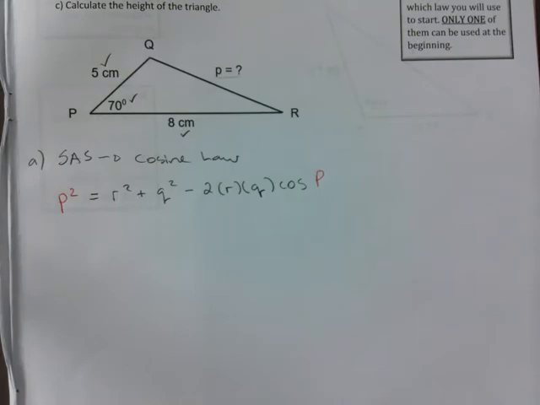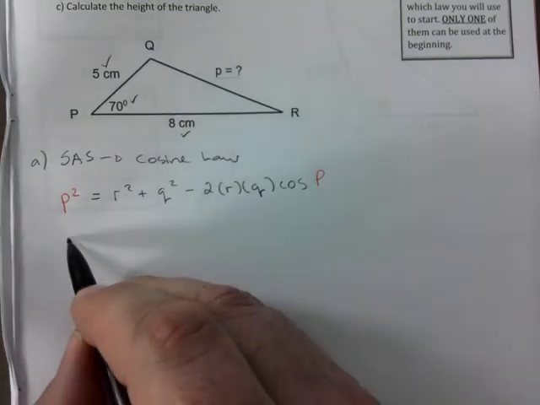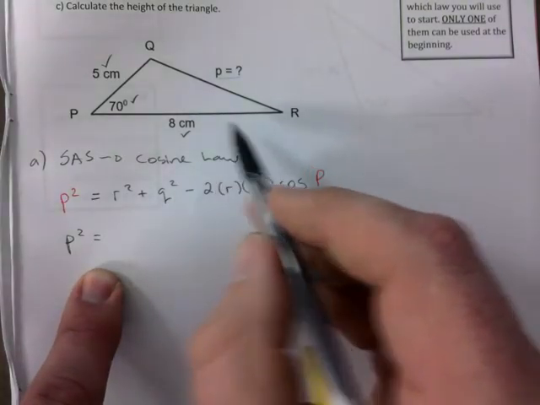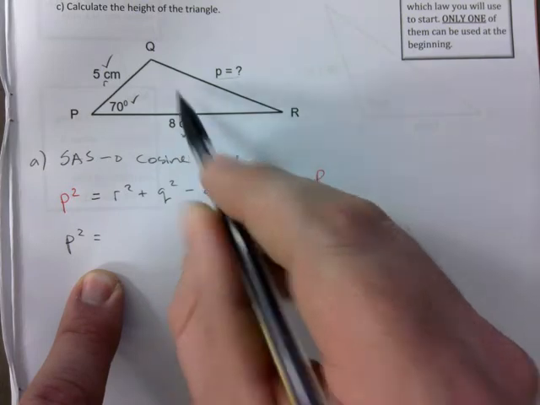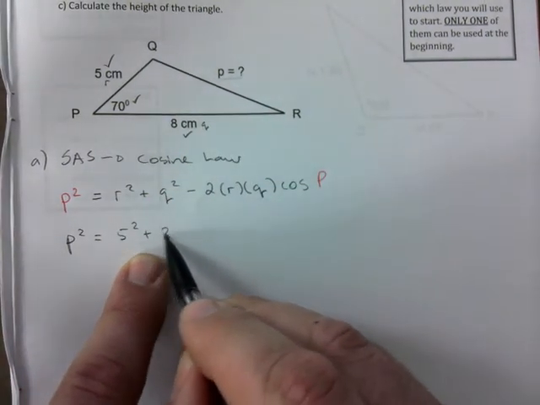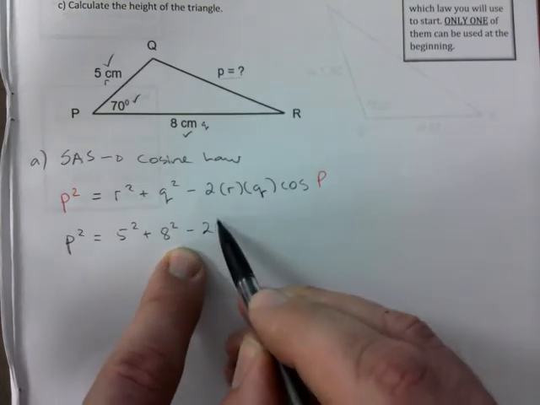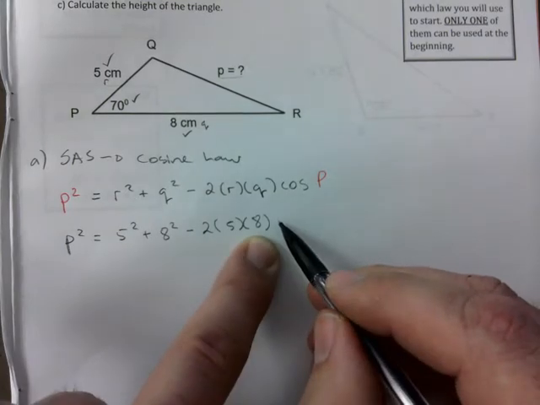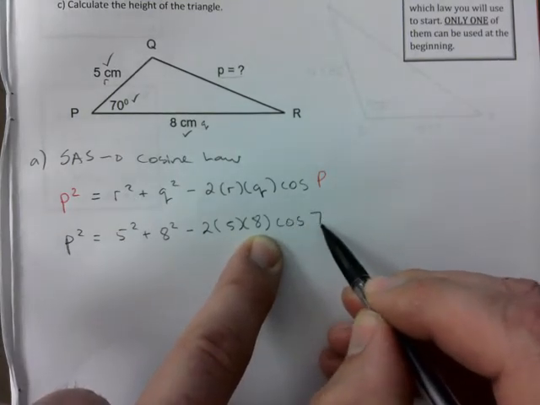And I don't write it out every time, but for now we will do that. So p squared is equal to r squared, this is r and this is q here. So it'd be 5 squared plus 8 squared minus 2 times 5 times 8 times cosine of 70 degrees.